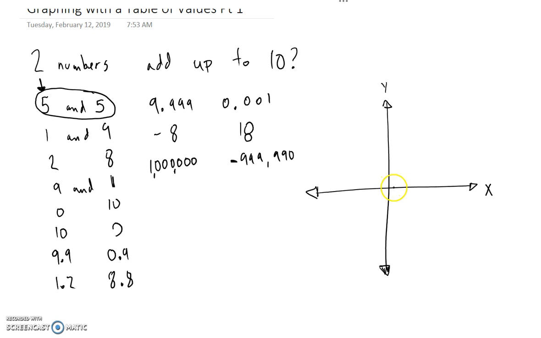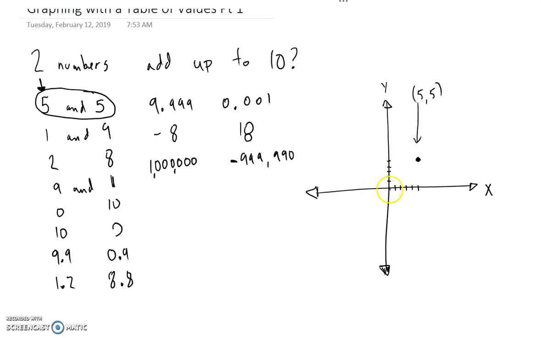So if I wanted to express that one answer, when the first number is 5, 5 along the x-axis, the second number is 5 along the y-axis. And we would put a dot right there to represent that this is 5, 5, expressed as an ordered pair, which we've already worked with.